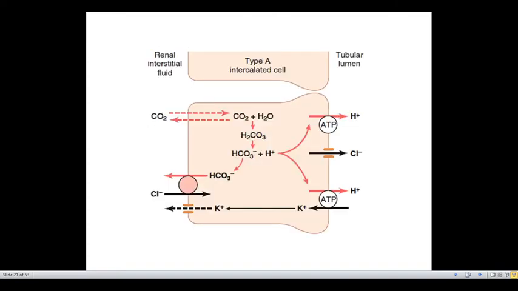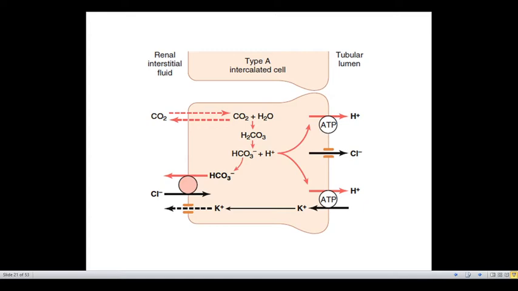This figure shows the active secretion of hydrogen ions through the luminal membrane of the type A intercalated cells of the late distal and collecting tubules. Type A cells contain hydrogen adenosine triphosphatase and hydrogen potassium ATPase in the luminal membrane and secrete hydrogen ions while reabsorbing bicarbonate ions and potassium ions in acidosis.